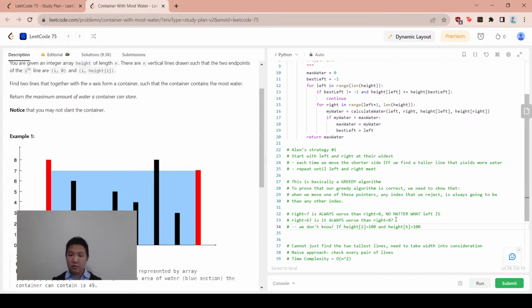So interesting. Yeah. So we don't know if right equals to 6 is something we rule out. But what we do know is the following. What we do know is that we want to find the optimal pairing for right equals to 6 by shifting left.